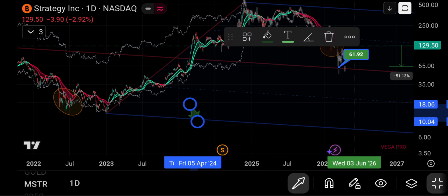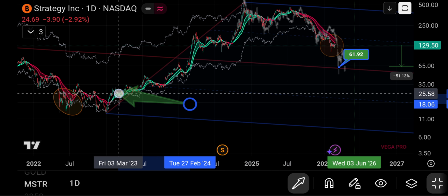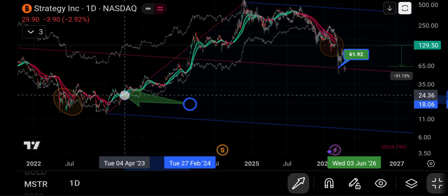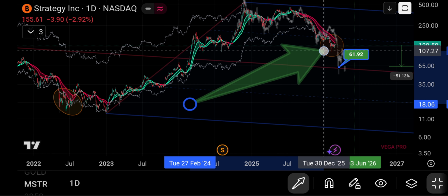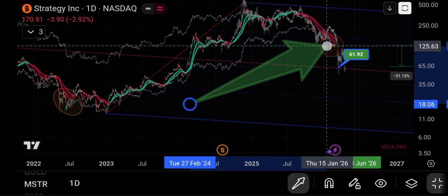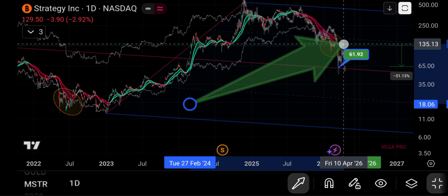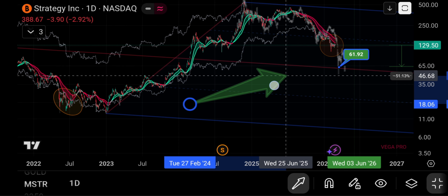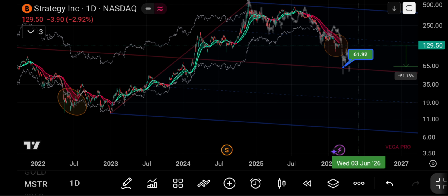And if that does not happen, we have our contingency plan, our backup plan, which is the matrix line on the daily. If it turns green, we purchase. That's the strategy.